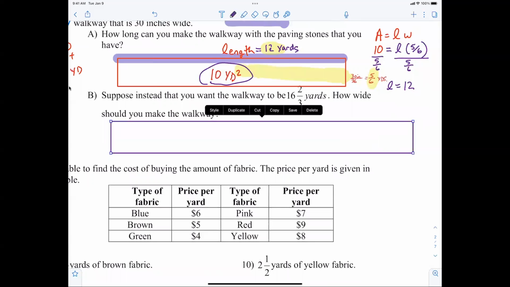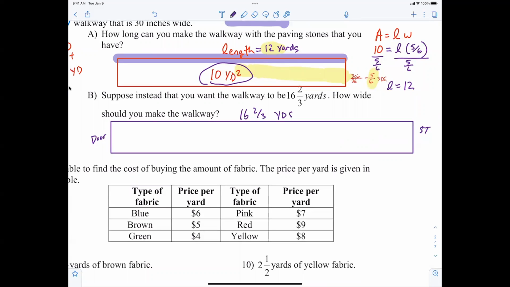I just measured out, I need it to be 16 2/3 yards long. Let's say that was my front door. Let's say I put my door here, and here is the end of my road. And I want to make a walkway for myself. All right, I want it to be really nice. So I measured it out.